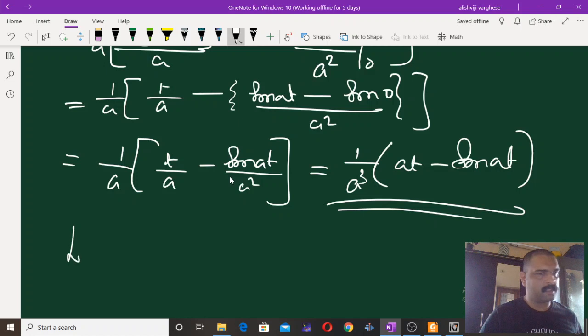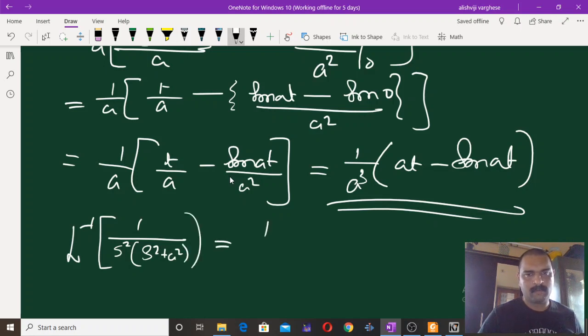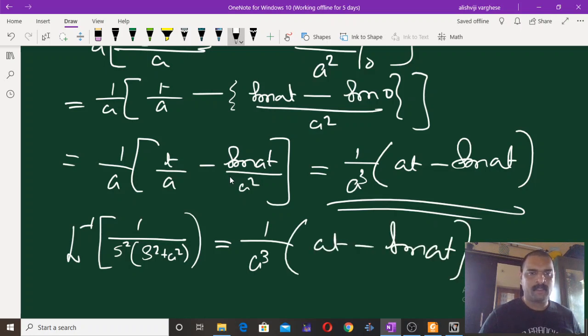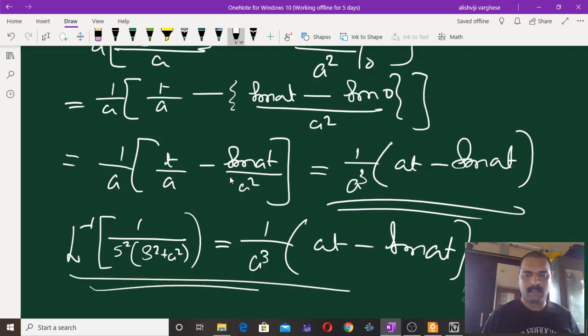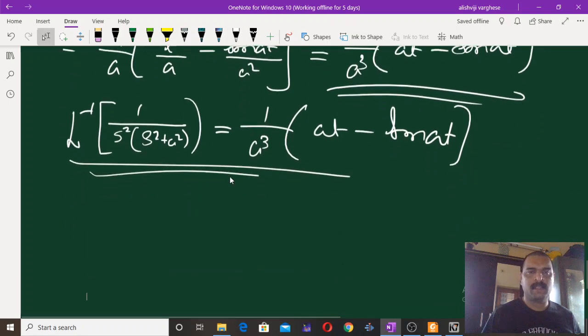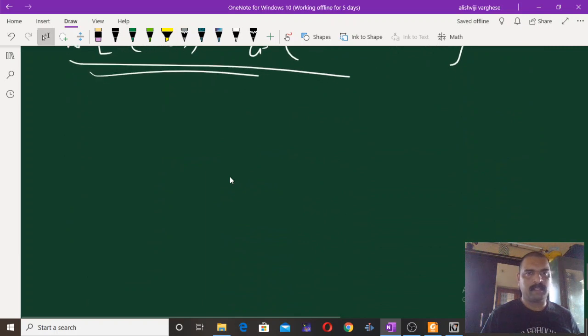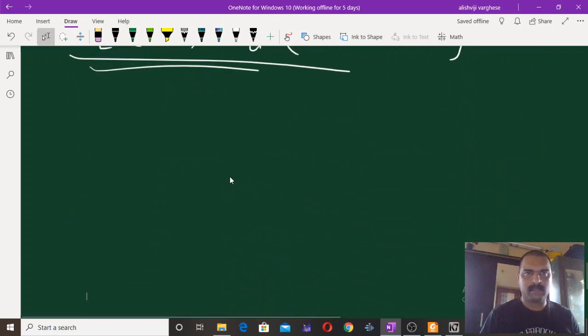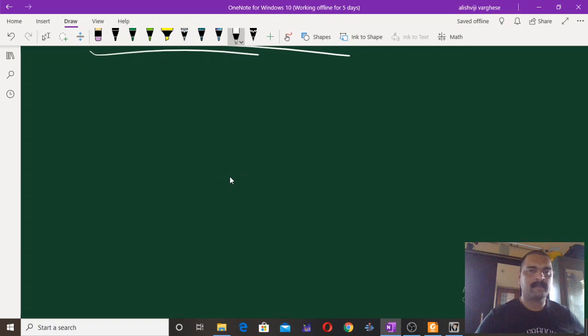What we have here is L inverse of 1 by s square into (s square plus a square) is equal to 1 by a cube into (at minus sine at). So that's a method by which we use the convolution theorem to find inverse Laplace transforms.